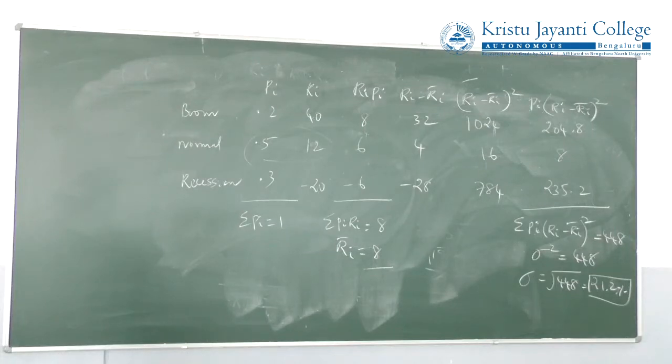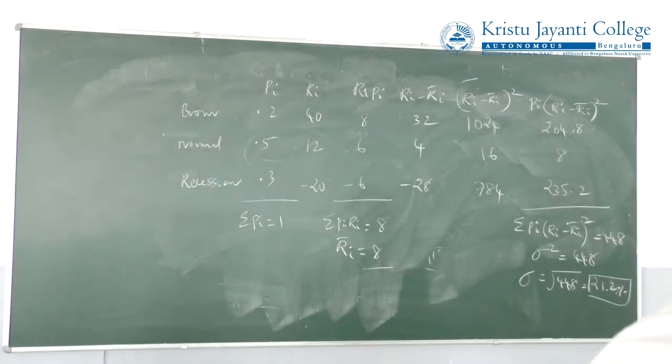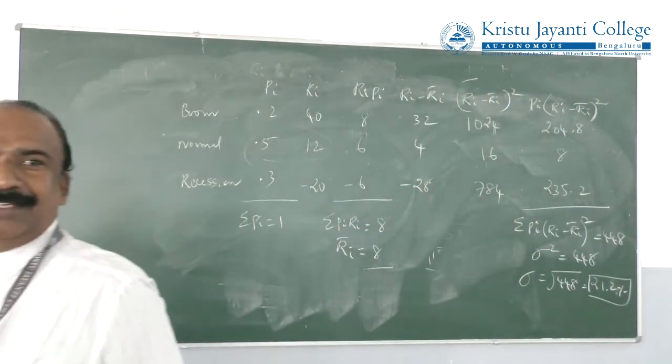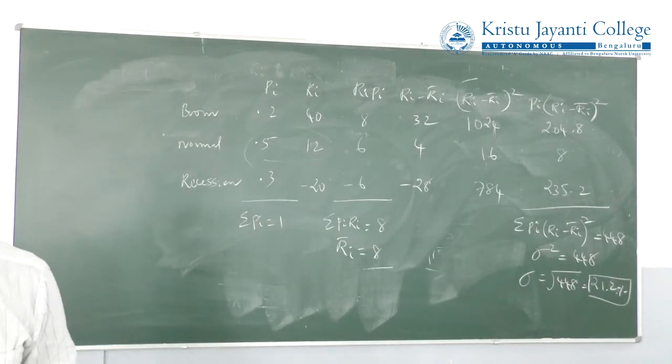Normal, 0.2, 16%. Is he pessimistic or optimistic? He's optimistic. That's why he is saying boom is 60%. It's highly optimistic. Normal, 0.2, 16%. Recession, 0.2, minus 20%.